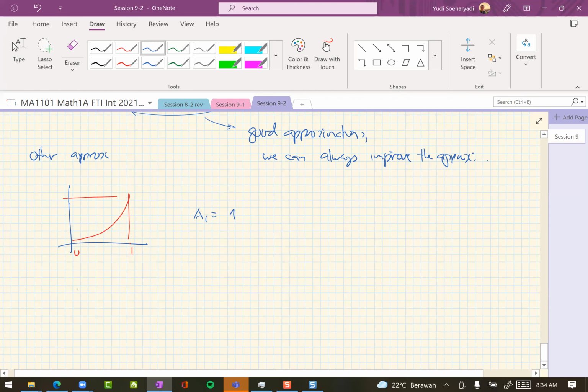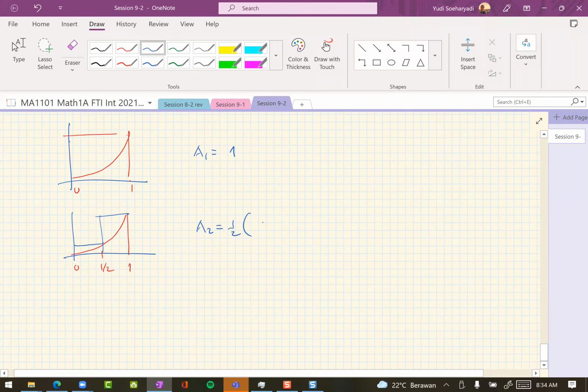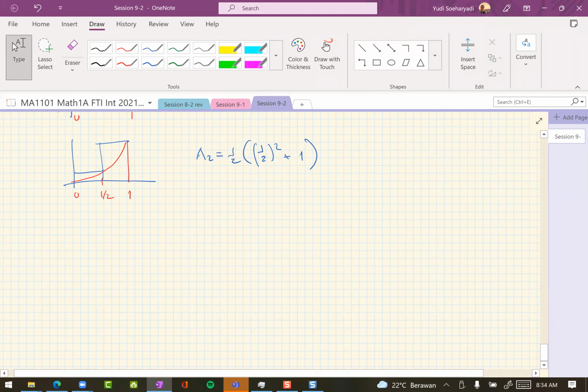The second approximation is this one. So A2 is 1/2. Okay. And it's the same thing as before. A3. Now instead of keep dividing into 4, we just make a division into 3.